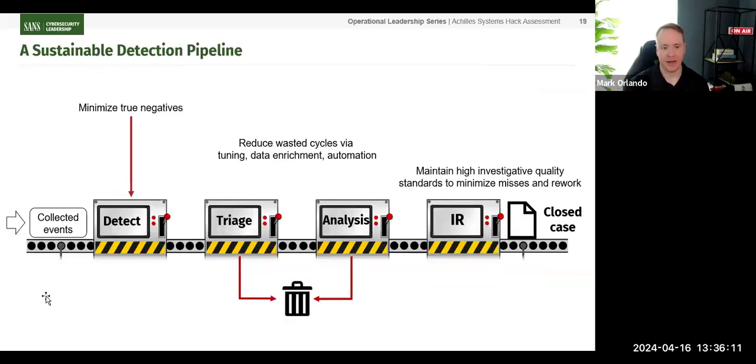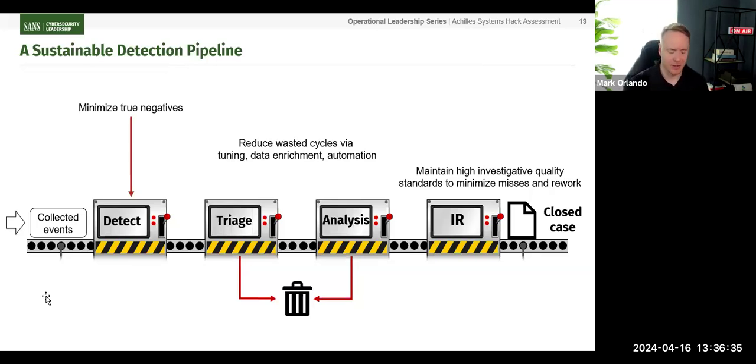Once we've done that, we need to think about how we're going to build out our detection pipeline. And for me, and I know for my co-author, John Hubbard, we often talk about this idea of a pipeline or like a manufacturing type process, assembly line, kind of choose your metaphor. But there are these core functions that are happening and they're kind of feeding into each other.